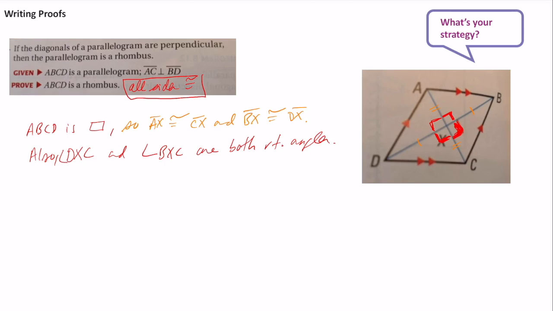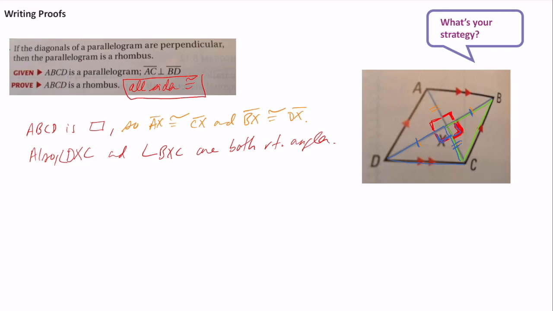Okay, so now let's take a step back and look at what we know, right? If I look at these 2 triangles over here, the green triangle and the blue triangle, look what I have. I have a side, an angle in the middle, and another side.